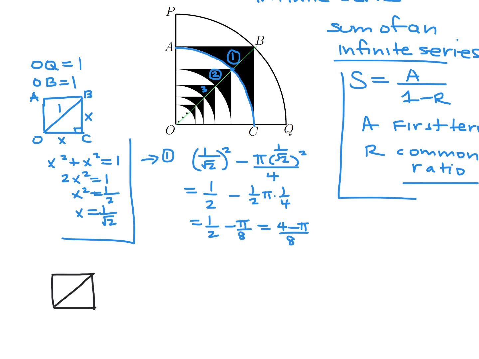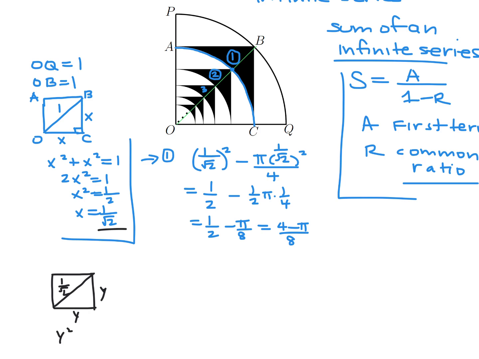We want to figure out the sides of that square. Well, we know the diagonal is equal to OC. And OC we figured out in the previous question was 1 over root 2. So this diagonal is 1 over root 2. And then we can figure out the sides.